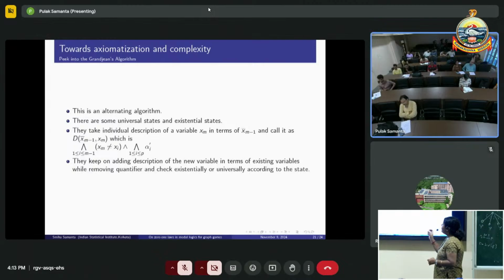So they update the descriptions, and after removing all those quantifiers, it just checks whether the formula holds by this description or not.